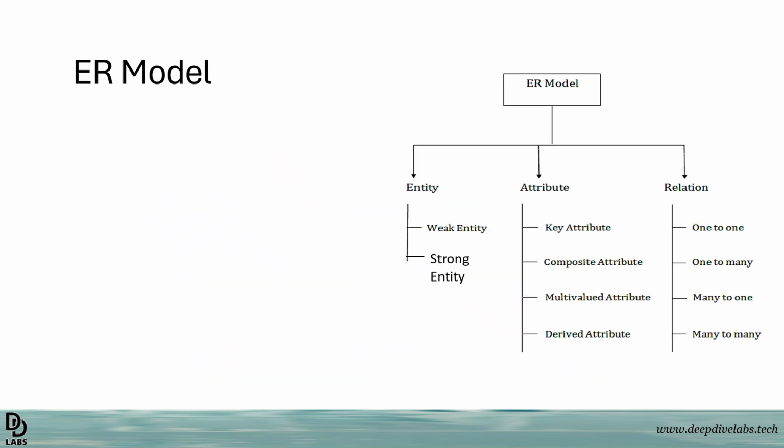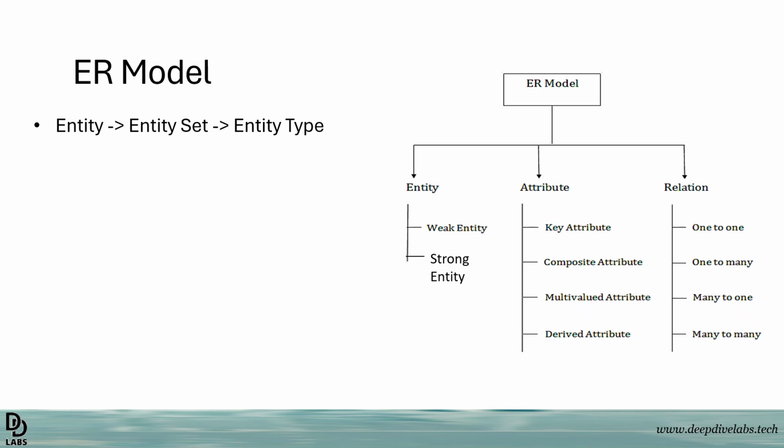So now let's take a deeper look at the ER model. The ER model essentially represents the entity set and the entity type. So let's take a look at entity. Entity refers to the abstract real world reference of a data table. It is represented as a data table.